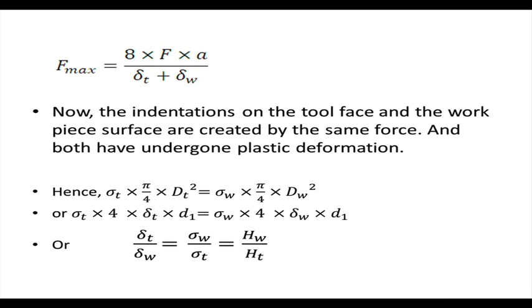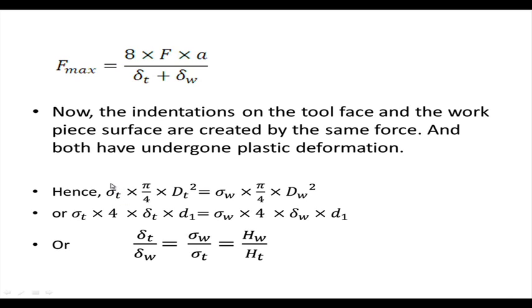Therefore, we can quickly say that the projected area is pi by 4 into Dt square, where Dt is the indentation diameter on the tool side. So the force is pi by 4 into Dt square multiplied by the flow stress of the tool material, since it is undergoing plastic deformation.